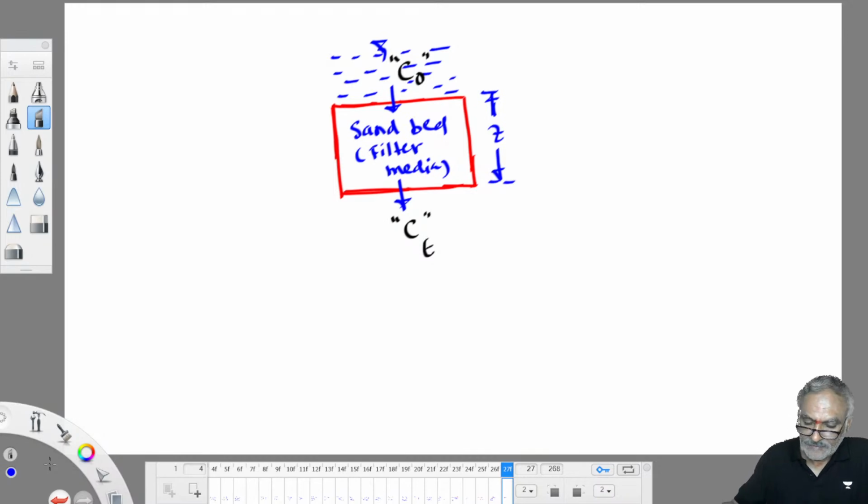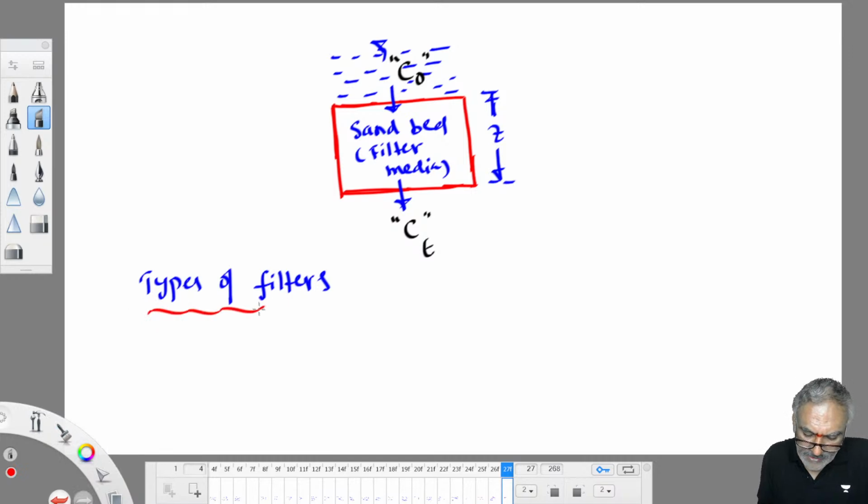Understood? So we have many types of filters, right? Filters are classified based on several criteria, but among them three are important from the exam point of view. One is the slow sand filter.